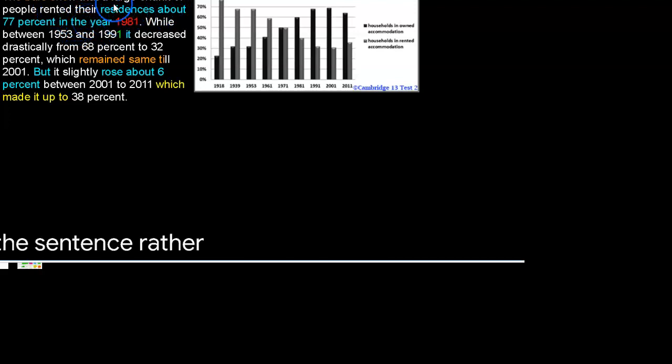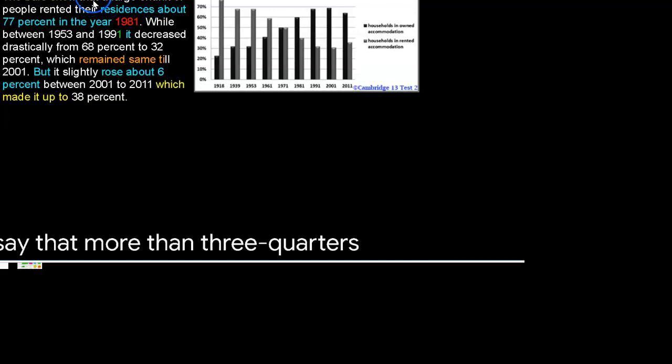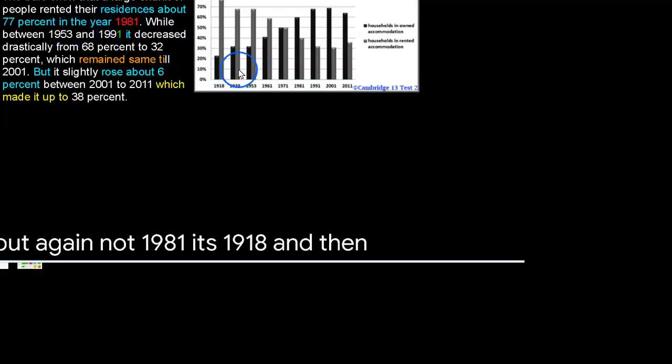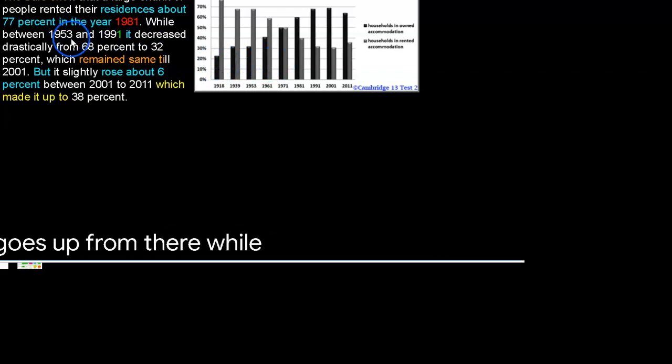A large chunk, I would say that more than 3/4, a large chunk, 77% of people rented their residences in the year 1981. But again, it's not 1981, it's 1918. And then it goes up from there. While between 1953 and 1991, it decreased drastically.